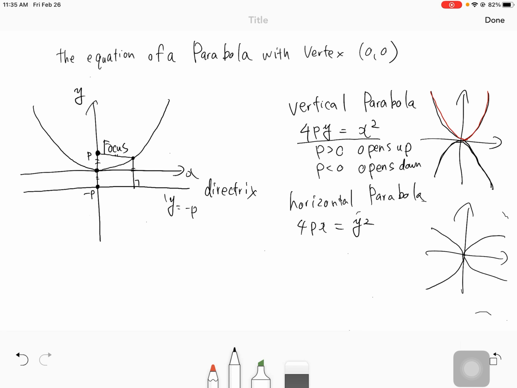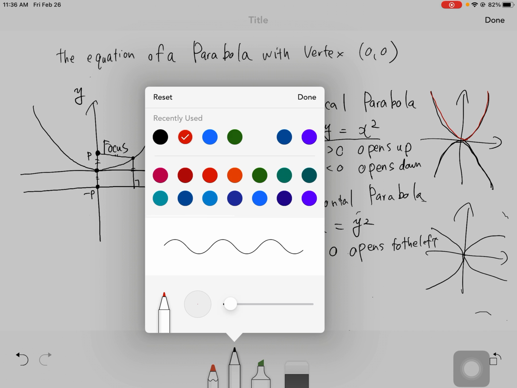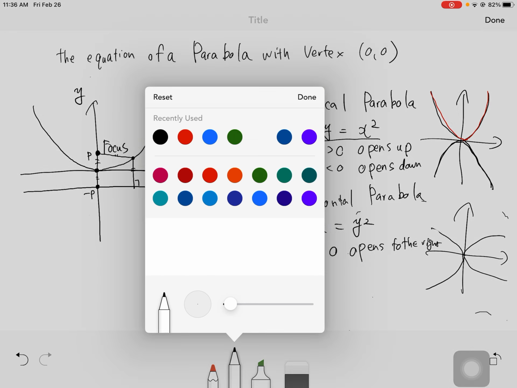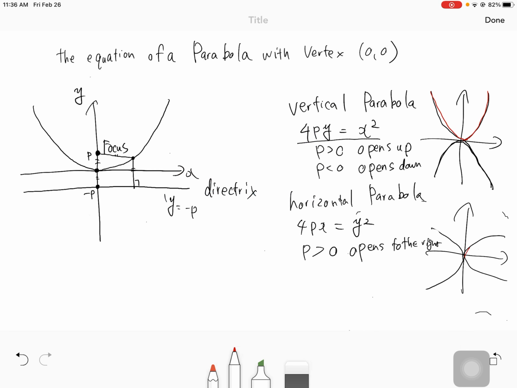And similar to vertical parabola, when p is bigger than 0, the parabola opens to the right, like this.